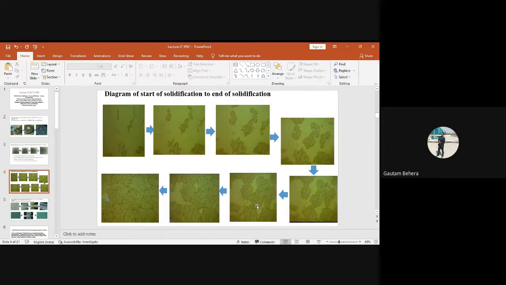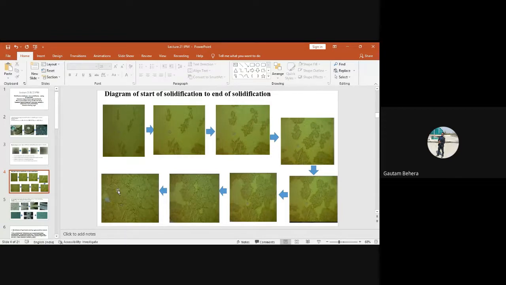These two crystals are meeting at this point. This crystal and this crystal will meet at this point. Finally, you can see a lot of meeting has happened due to the growth only. And finally, the entire liquid will become solid, made up of grains and grain boundaries.